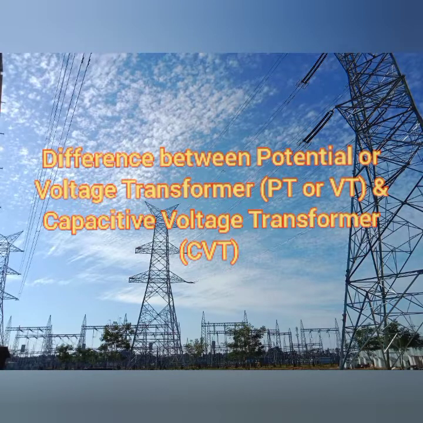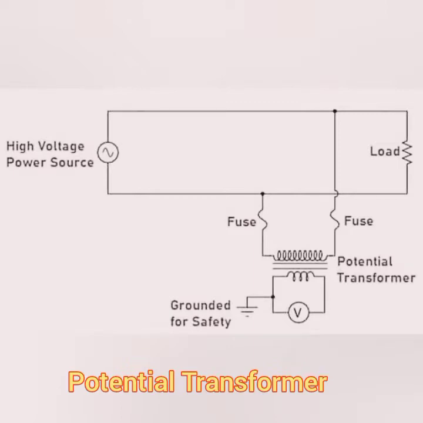In this video we are going to see the difference between the voltage transformer, or potential transformer, and the capacitive voltage transformer. Starting with the voltage transformer: normally a voltage or potential transformer comprises a transformer which steps down the higher level or primary voltage into a secondary, usable measured voltage level.